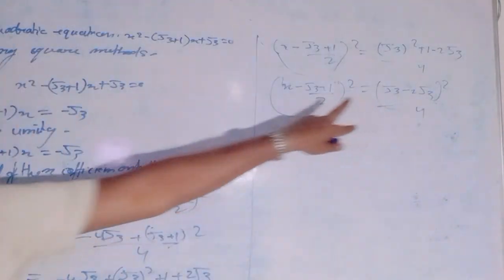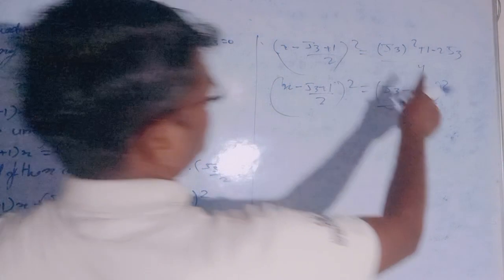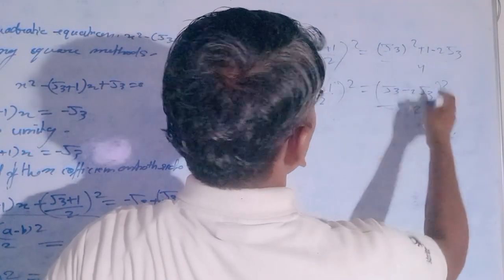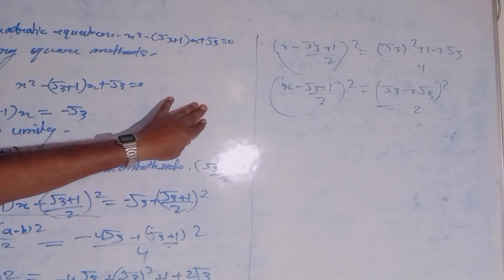We can write this in this form: (√3 - 1)/2, because it becomes 1, so it converted into two forms. So we can simply write it here.